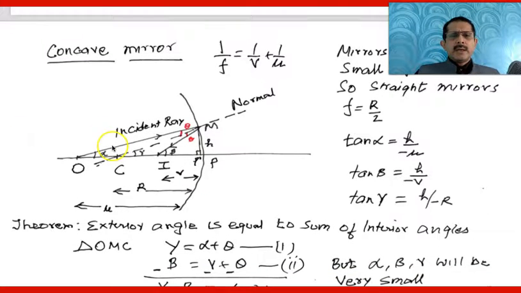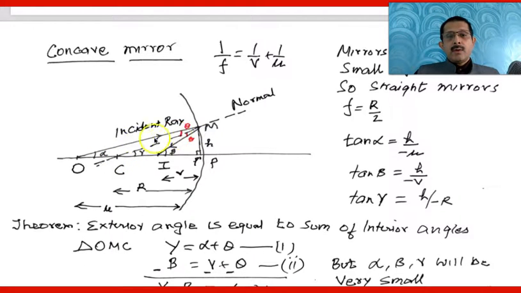Now let's quickly draw a mirror. In this concave mirror we have a ray of light coming from here, it comes here, and then it is reflected back. We know that this is the normal, and the normal always passes through the center of curvature.